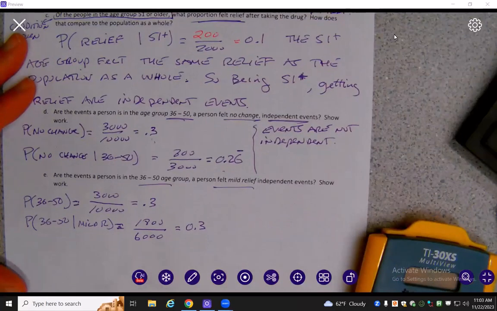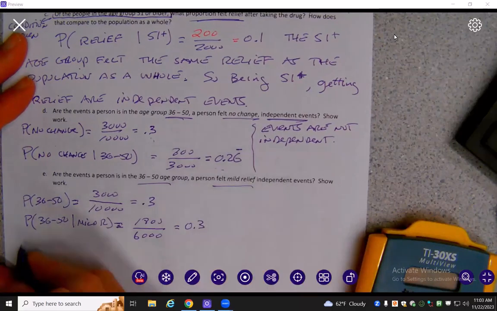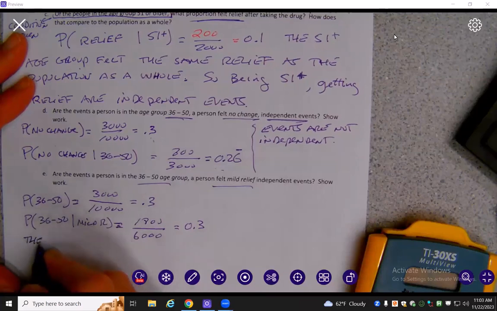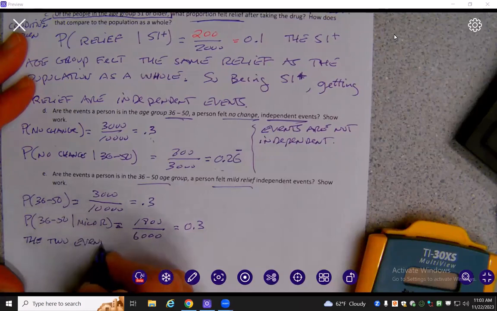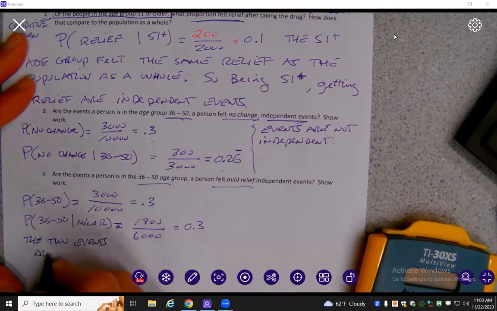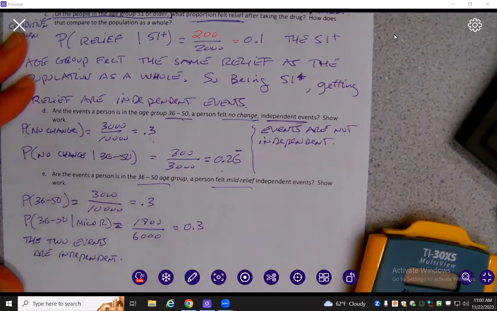Same thing. So are the two events independent? Yes, the two events are independent. That's all it means.